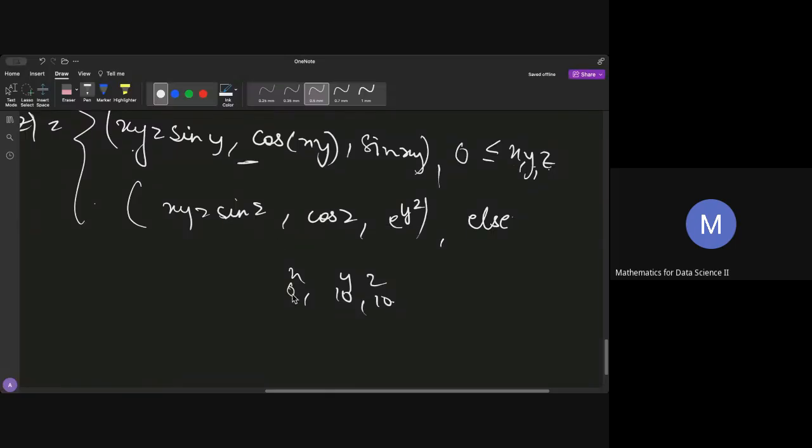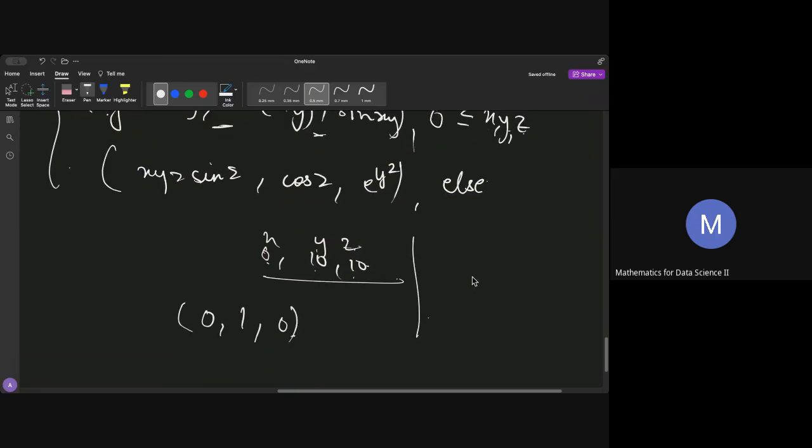So I should be substituting x equals 0, y equals 10, and z equals 10 in this part of the function, because for these values this part is valid. So what will I get? I'll get 0. Then with x equals 0, cos 0 is equal to 1 and sine 0 is equal to 0. So at this point, I'll get this value.